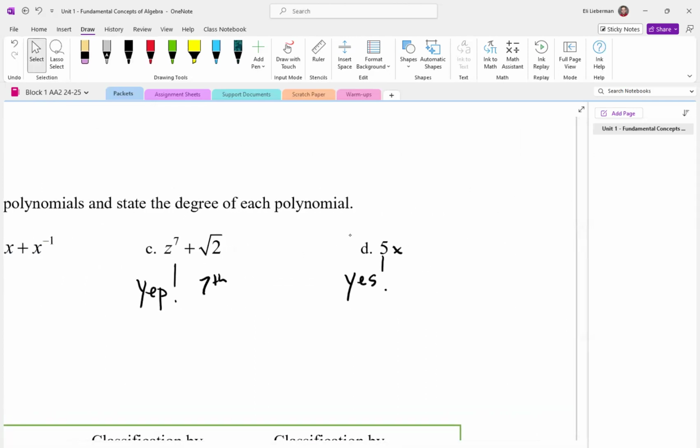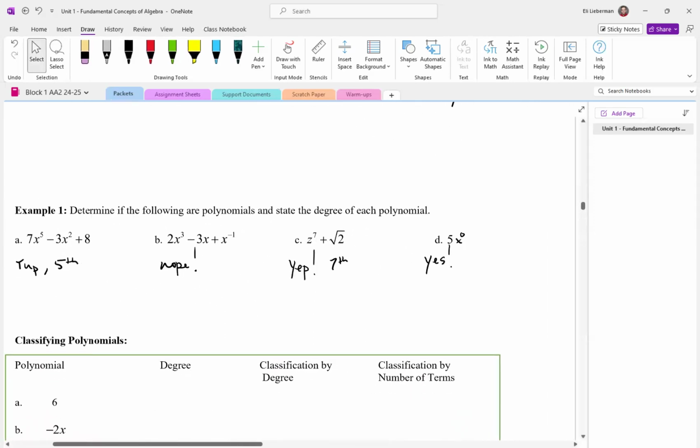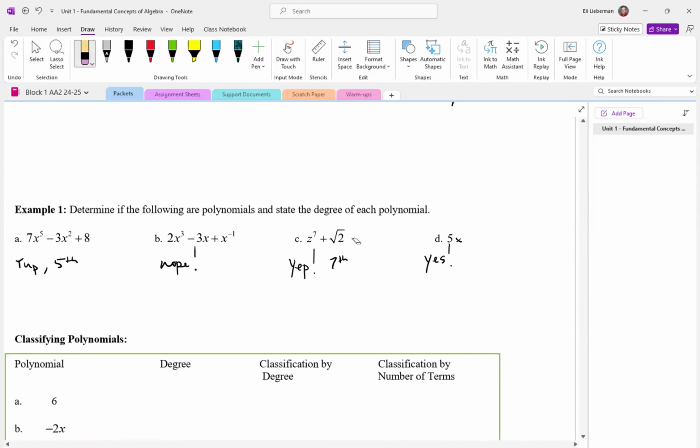If you say it's first degree, that means 5x, and that's changing it completely. So we could think about this as 5x to the 0 power, because we know x to the 0 is 1, unless x, of course, is 0, but we're assuming that variables are non-zero. It doesn't say that, but we could assume that. So yeah, 0 degree.